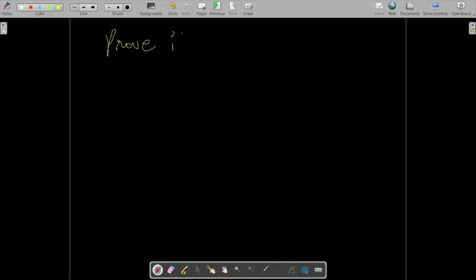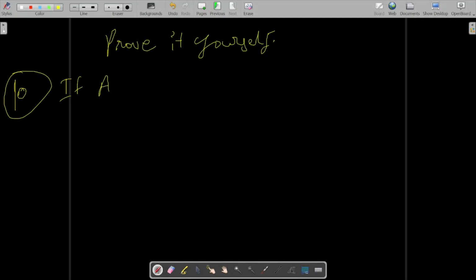Prove it based on lectures number 3 and 4, whatever we have proved there. Using that you can prove it. And property number 10, this also you have to prove yourself. They are on the same lines, exactly the same.